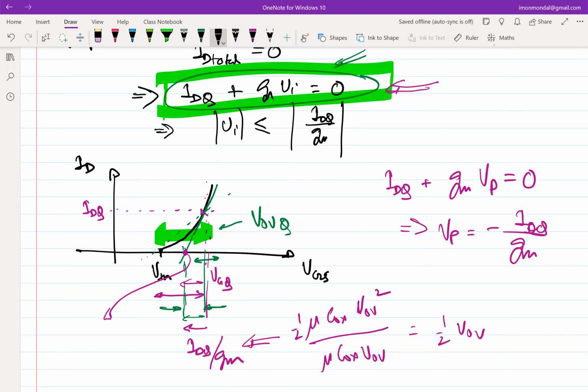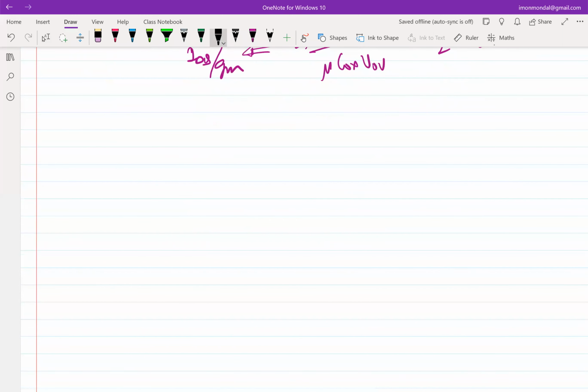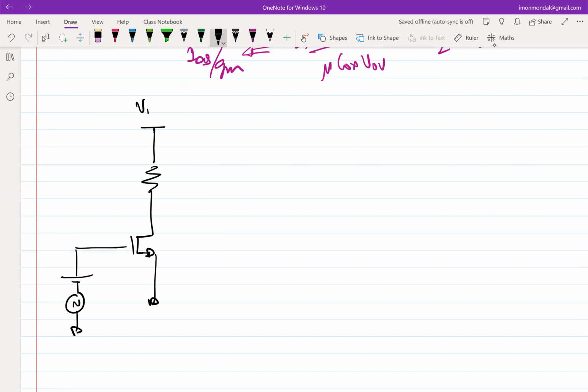Let's do an example. Let's do an example that will help make things clear. Let's say VDD is 3 volt, RL is 1K, mu Cox W over L is 2 milliamp per volt squared.